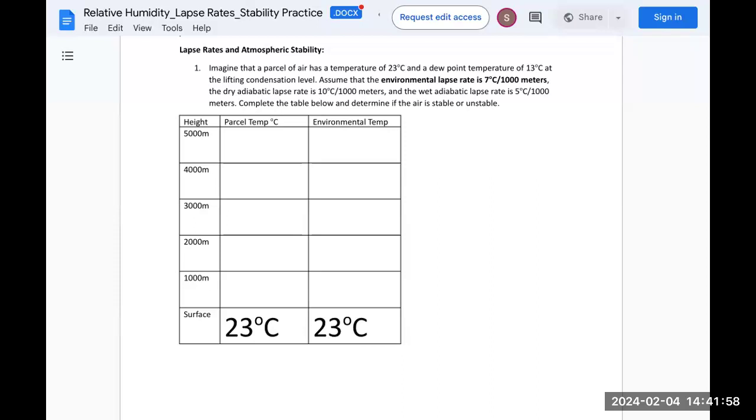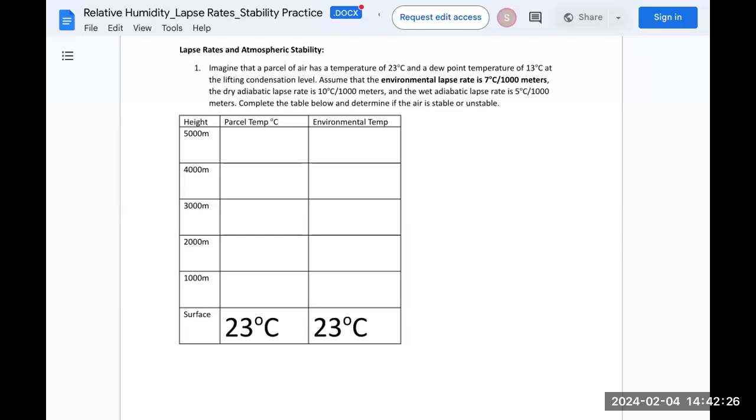Now, in chapter 4, we added 2 other types of lapse rates. We added the dry adiabatic rate and the wet or moist adiabatic rate, or saturated. So the dry adiabatic rate is usually somewhere around 10 degrees Celsius, but again, that is situational, so please be reading the question for the actual numbers. But dry air just cools more rapidly than moist air.